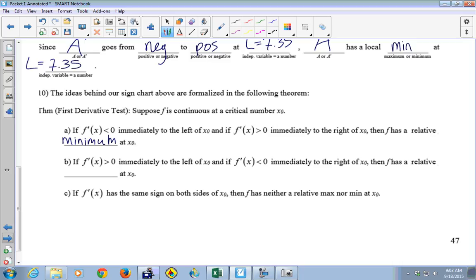And then flip it. If f prime goes from positive immediately to the left to negative immediately to the right, that means that f, not f prime, but the function f, went from increasing to decreasing. Picture a function going from increasing to decreasing. It would have a local maximum.